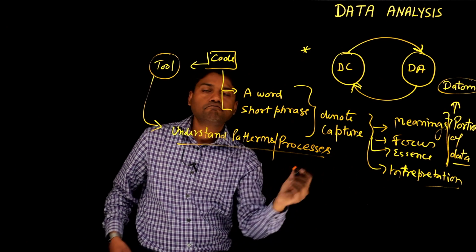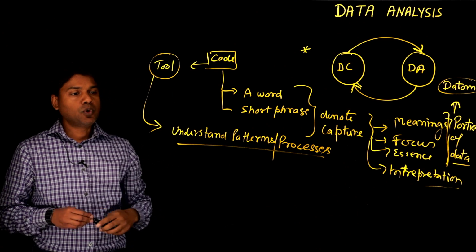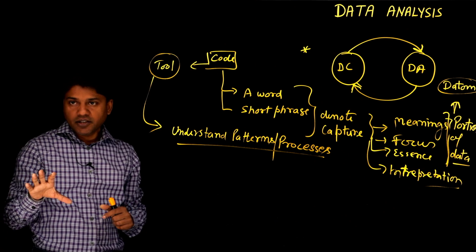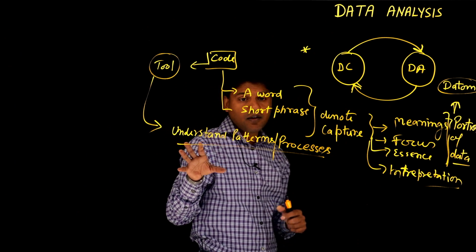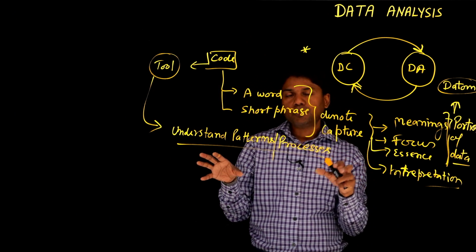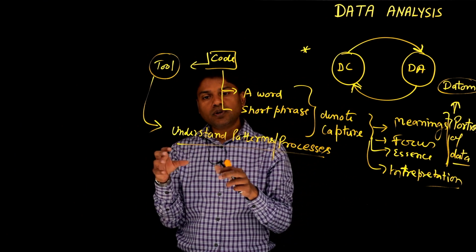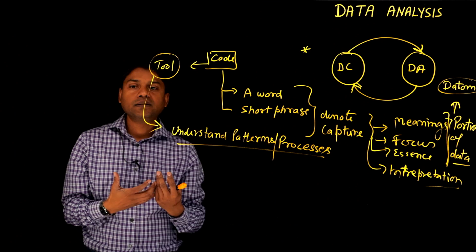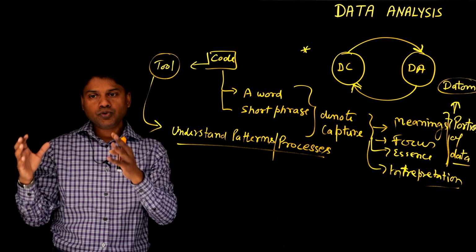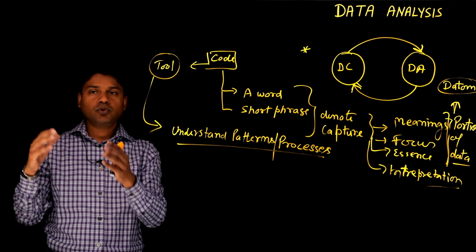So that's purpose one. When I'm coding interview data, observation data, or any other kind of data, the purpose is to understand and decipher patterns and processes underlying those conversations or those data.